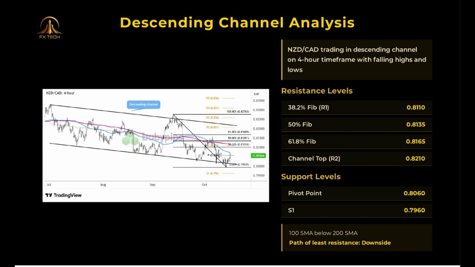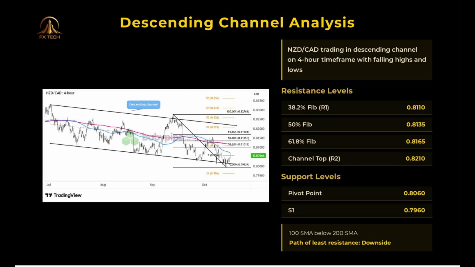The Baby Pips chart art analysis identifies NZD/CAD trading within a descending channel on the 4-hour timeframe, characterized by falling highs and falling lows. Key resistance levels are identified using Fibonacci retracements. The 38.2% level at 0.8110 coincides with R1 near the mid-channel area.